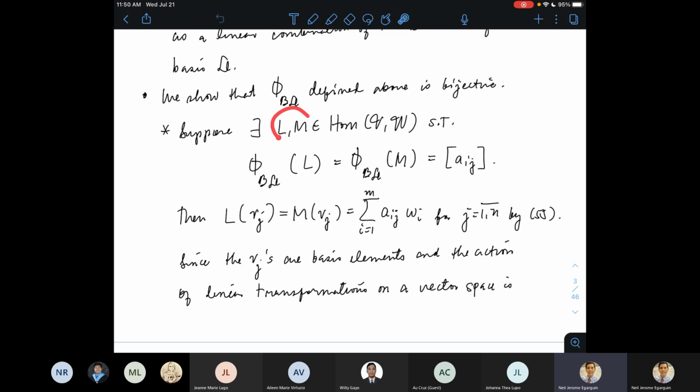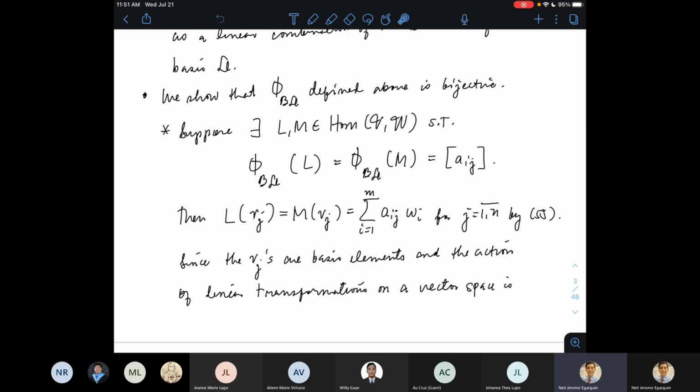So remember, pagpapakita ng one-to-one, gusto kong ipakita that if the images are equal, then the pre-images L and M are equal to each other, right? So I'll suppose that they have equal images, they have the same matrices, and then if that is the case, then by definition, L(Vj) will be equal to M(Vj) for all j, right?